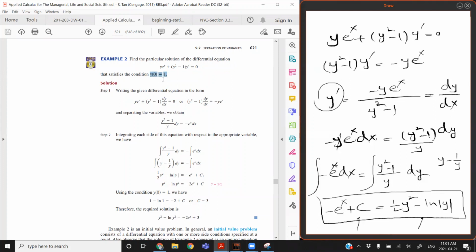Or this is the same thing as saying that this function passes through the point (0, 1). So I can plug in 0 for x, I can plug in 1 for y, and get c, my unknown.